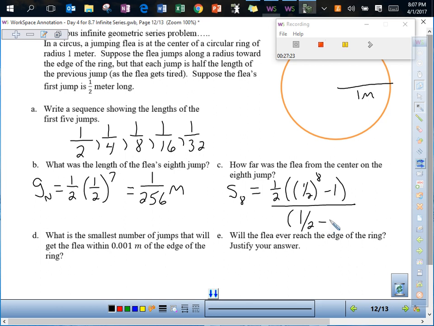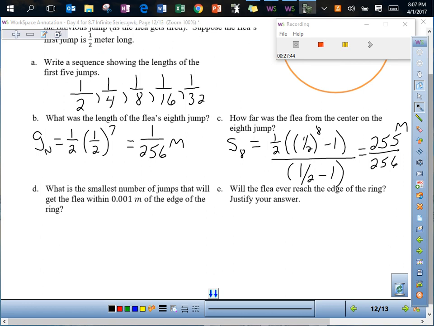So 1/2 minus 1. Okay. Run that through your calculator and you should get 255 out of 256 of a meter. So he's pretty darn close.